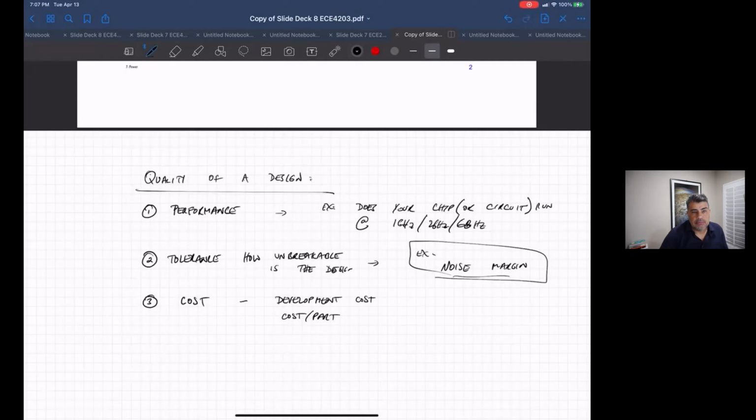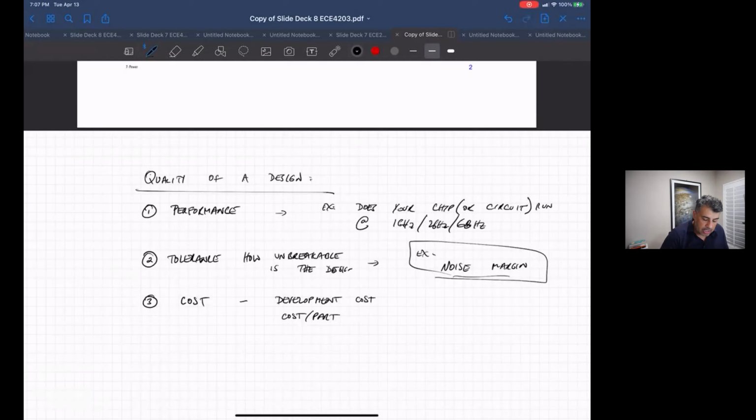Too bad, nobody wants it anymore. Or the car that you designed is really awesome, but it costs $500,000, and only a few people are going to be able to afford it. So cost is always important.